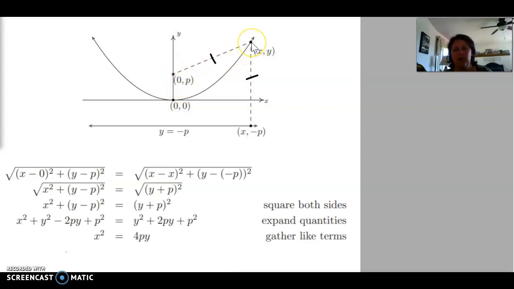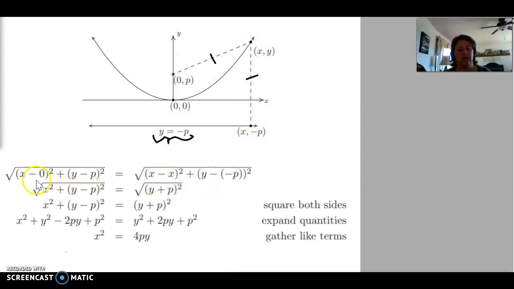There's some point x, y on the parabola such that the distances from 0, p to x, y and from x, y to x, negative p, which is on our directrix, are equal. We write an equation for those two lines and set them equal to each other.